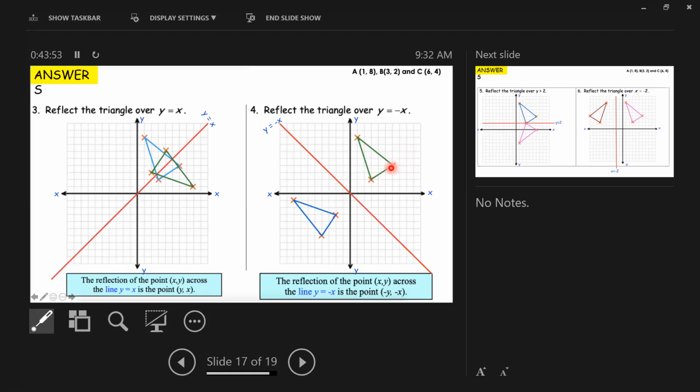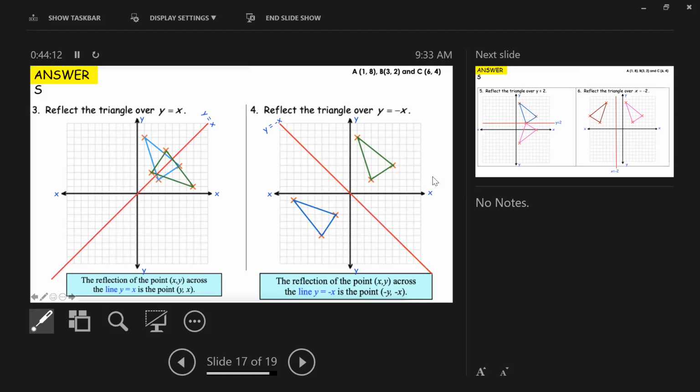Again, for this one, 1, 2, 3, 4, 5, 6, 7, 8, 9, 10. And then to get the image, 1 through 10 again.